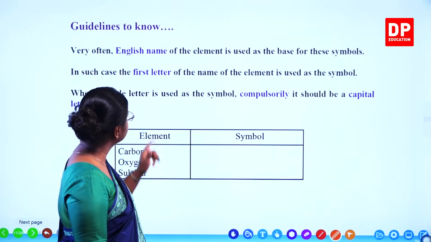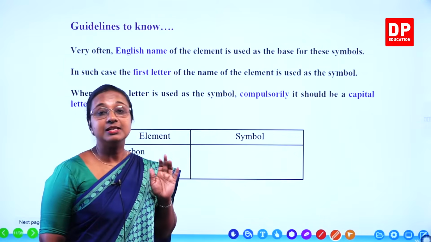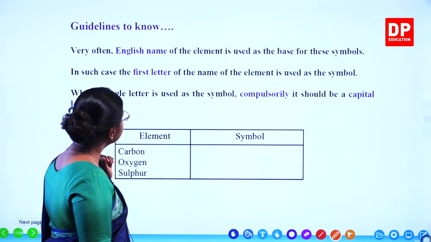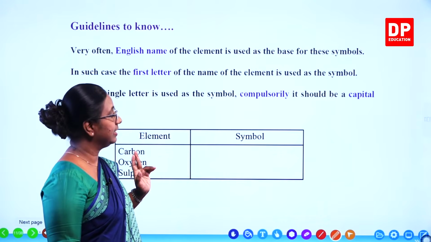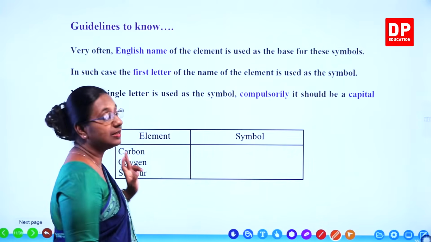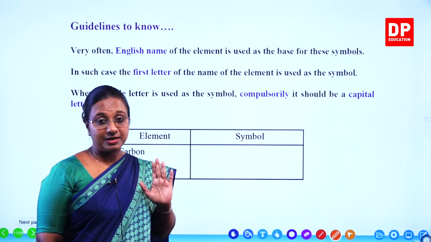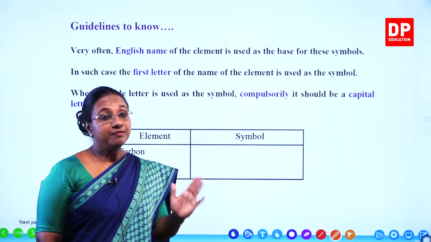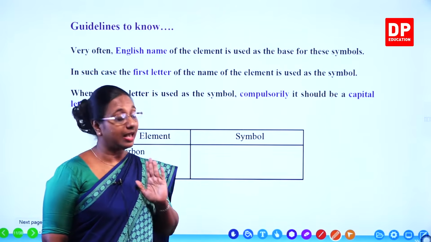In such a case, the first letter of the name of the element is used as the symbol. A very simple guideline. And when a single letter is used as the symbol, it should compulsorily be a capital letter. One letter, it has to be capital. Or if there is more than one letter, the first letter has to be capital.